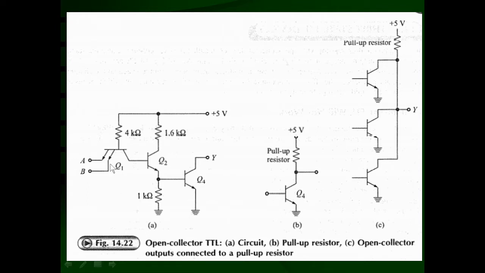A and B are the inputs, Q1 is the transistor with the 4K resistance, and Q2 transistor is there. But in place of the totem pole arrangement, only the lower transistor, which goes into saturation, that is transistor Q4, is there, and its collector is the output, and it is floating. It is not connected anywhere.